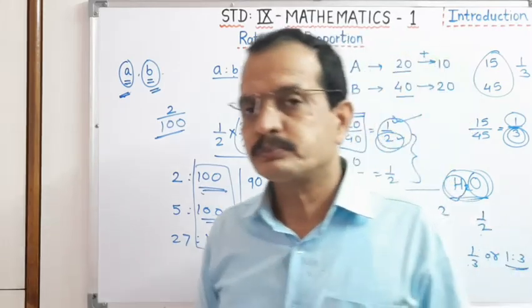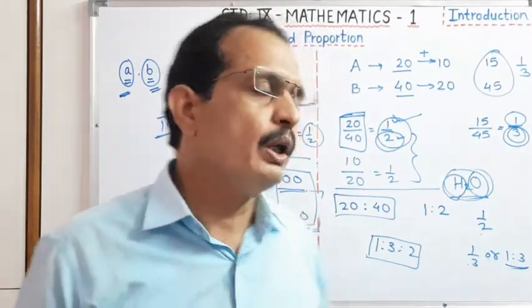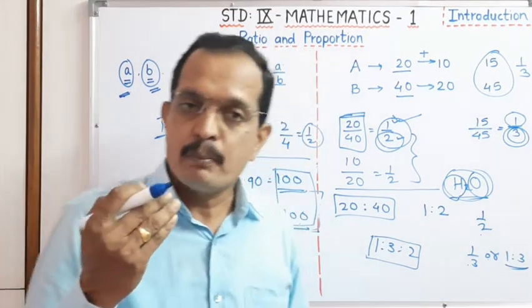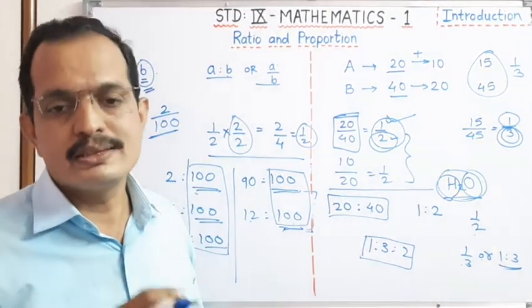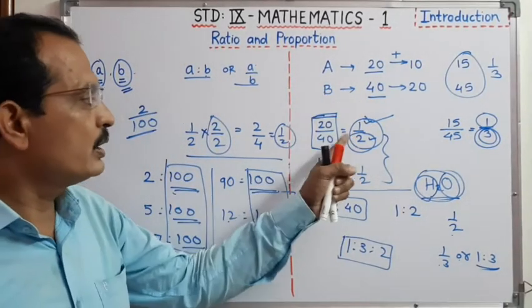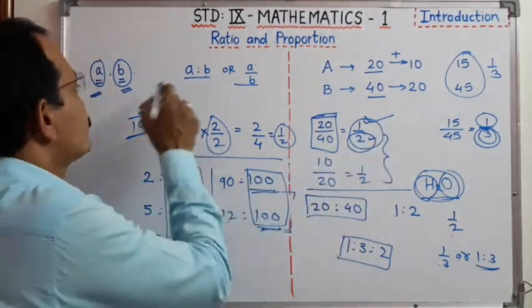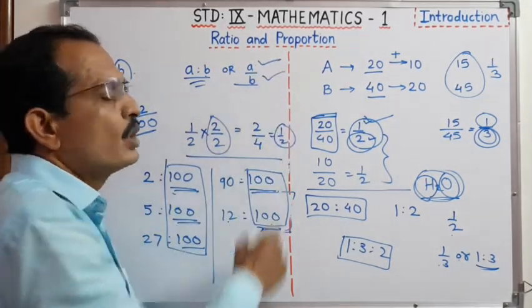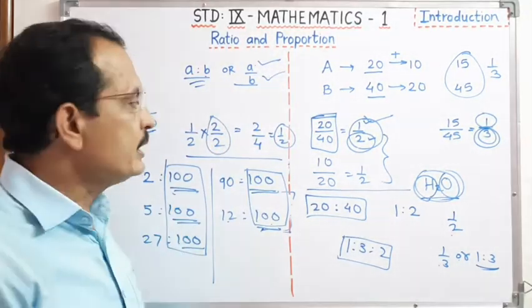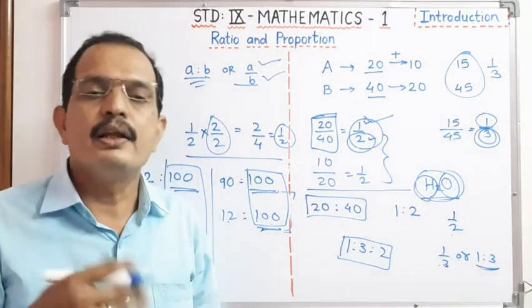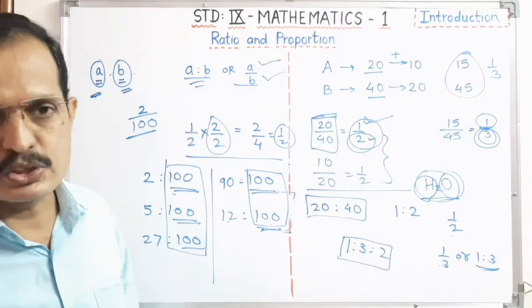Dear student, all of you know now that if we compare two quantities by division, then it is known as a ratio. In a ratio, it is written as A:B or A upon B. A is called the first term, B is called the second term. Second thing is that if in a ratio the second quantity is 100, then it is called a percentage ratio.